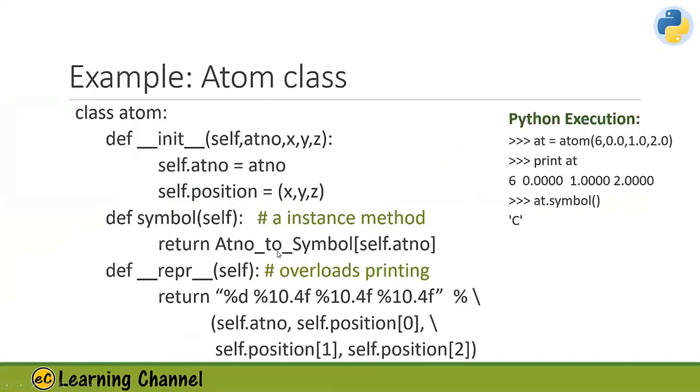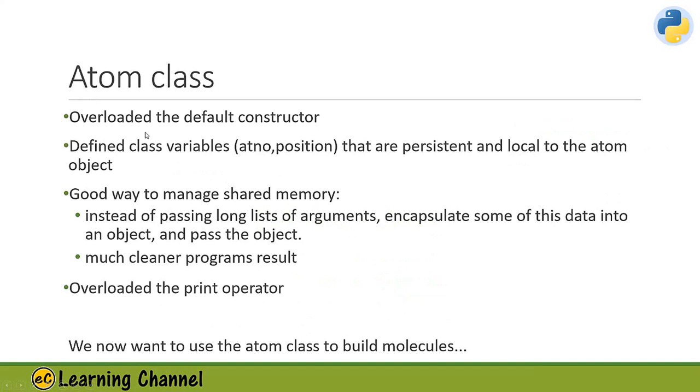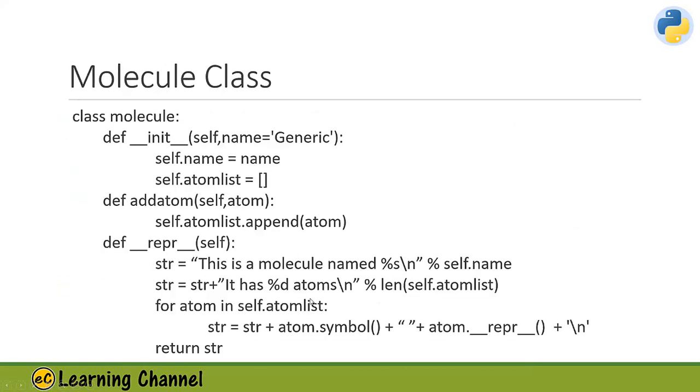Position is also an instance variable. And you can create a 3-tuple for the position, okay? That's fine. And you can put it into the symbol table. So the atom number goes in there, and you will get a symbol back, right? And then you can do repr. Repr is like the toString function, okay? And you do print. So it overloads the default, and this we don't repeat, okay?